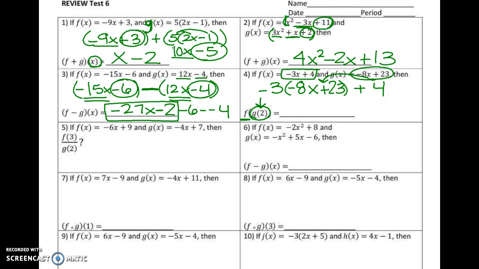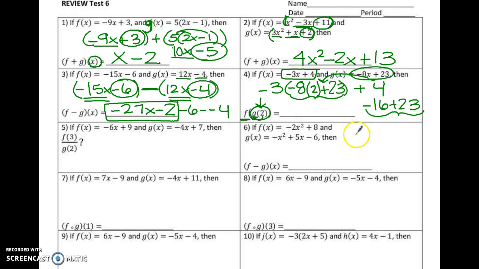Well, in this one it also says that the x number right here we can replace with a 2. You don't have to do that first. I could distribute first and actually find the answer that way. So on this one, if I plug the 2 into function g and find out that output, negative 8 times 2 is negative 16 plus 23.